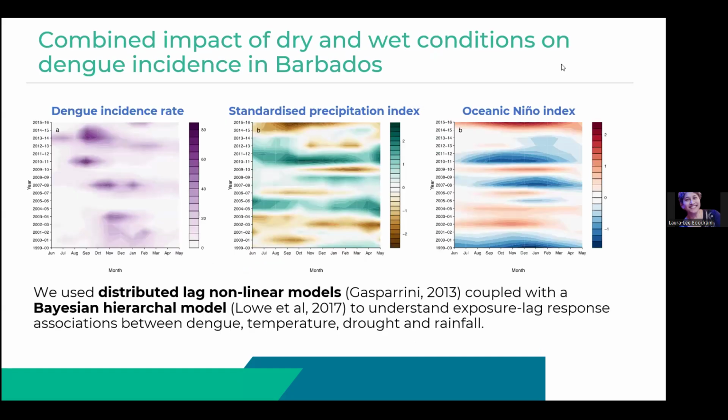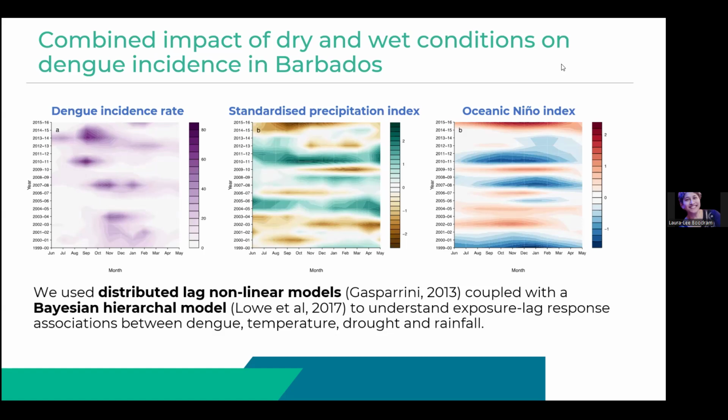Okay, so this is another way of representing the information. But what we can clearly see is that if we look at these maps here and the dengue incidence rate on the left-hand side, and we look at, say, the standardized precipitation index, which is sort of a drought index that our meteorologists use, as well as the El Niño index on the far right-hand side there, you'll see that there seems to be, even visually, a good correlation between the incidence rate, the precipitation index, as well as the El Niño index.